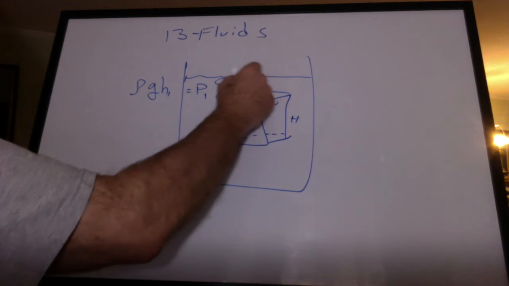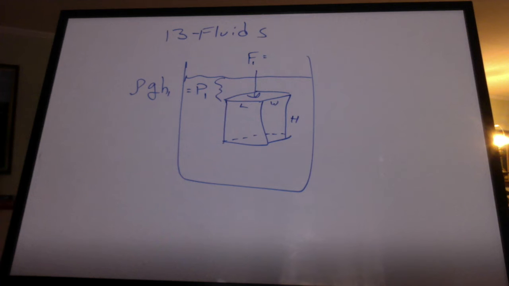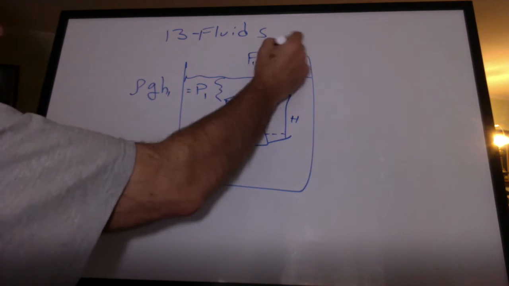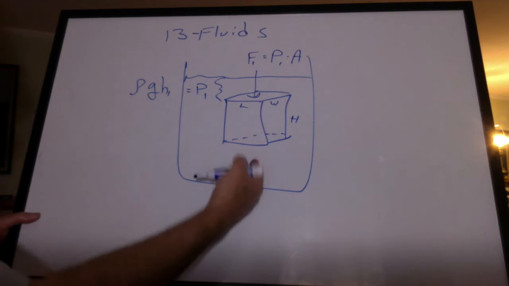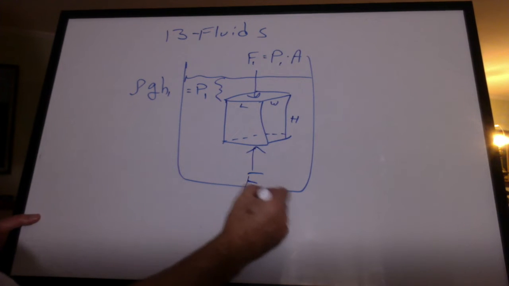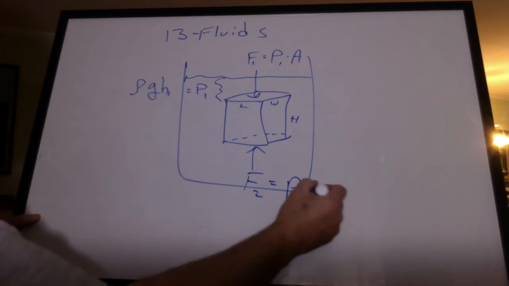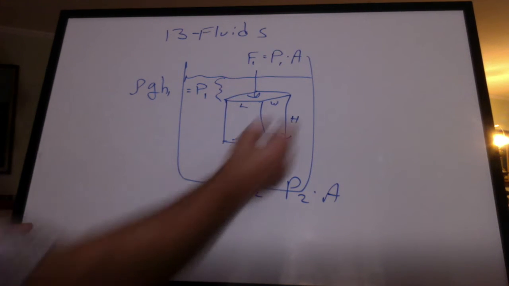How much force is on here then would be equal to the pressure times the area. Now down at the bottom, you've got a force acting on here too, and that would be pressure 2 times the area. That pressure is going to be bigger than this pressure because we're further down.